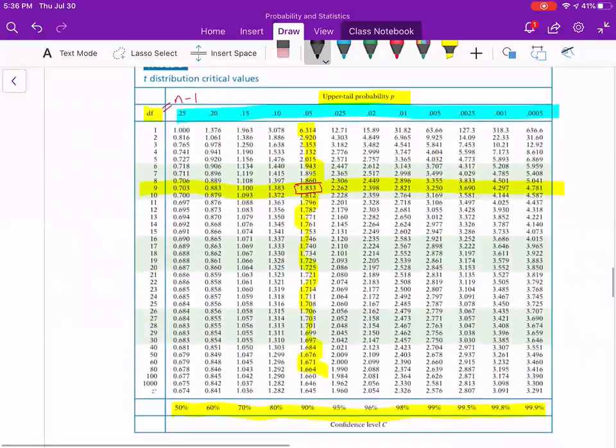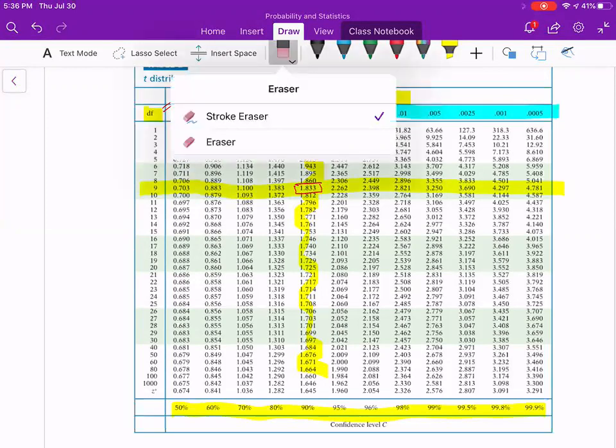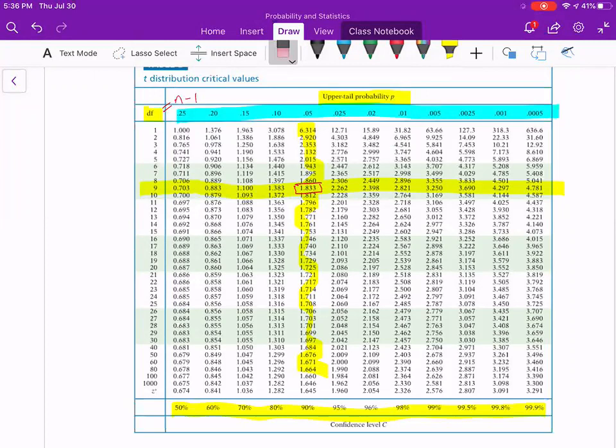Yeah, right. I know my shading went a little bit outside the bounds. Let me beautify that.